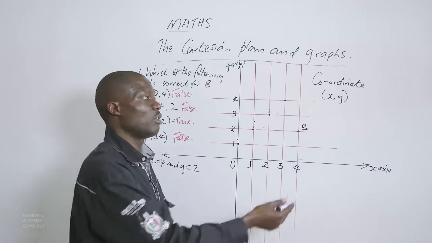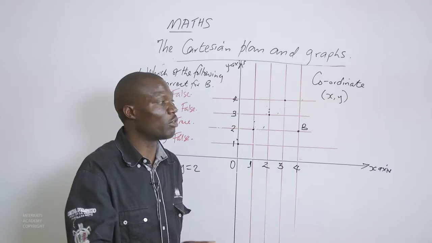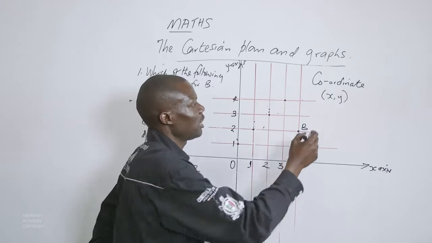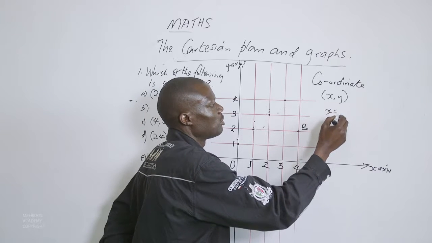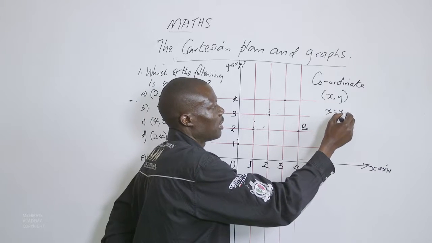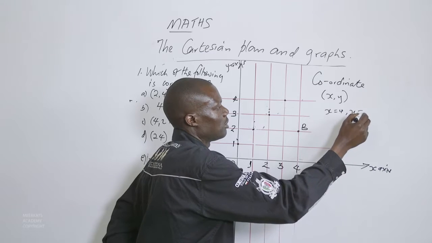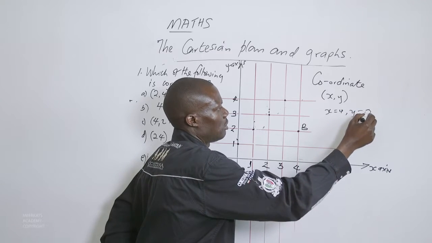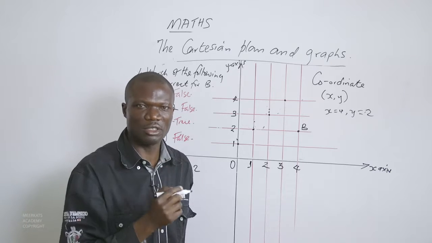It is true the value of x is the first one and the value of y is the second one, but it is not written as x equals 4 and y equals 2. It's not written like that. That is not a coordinate.